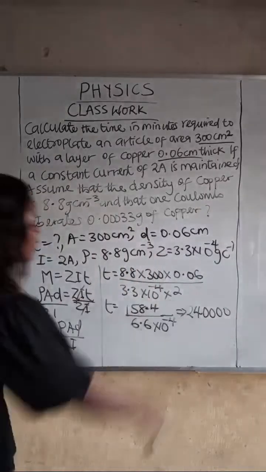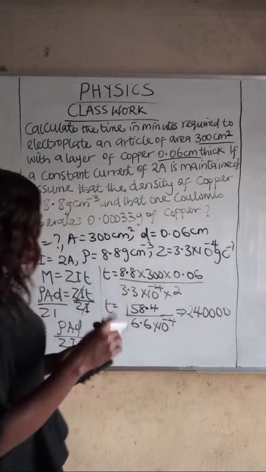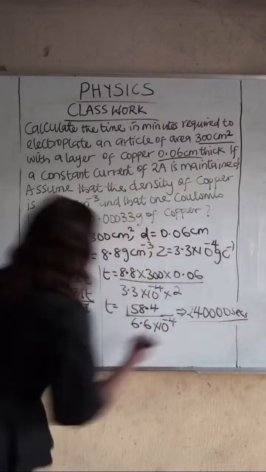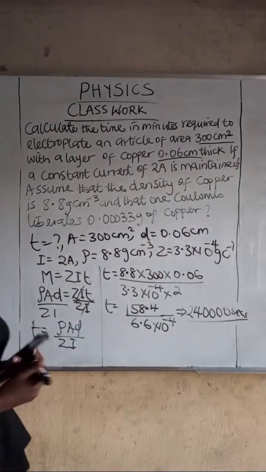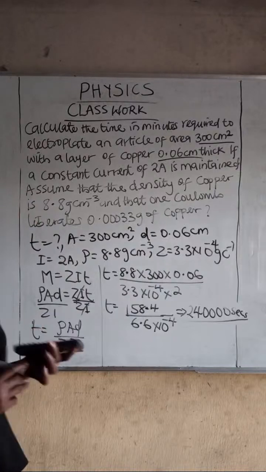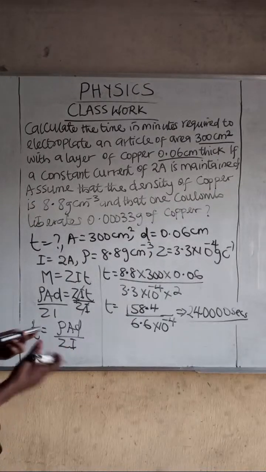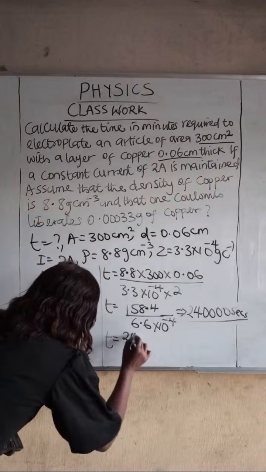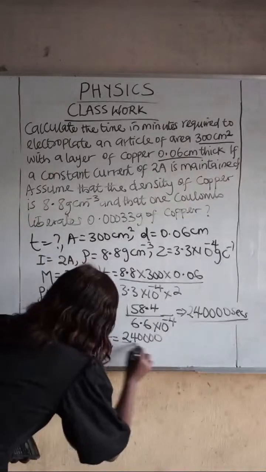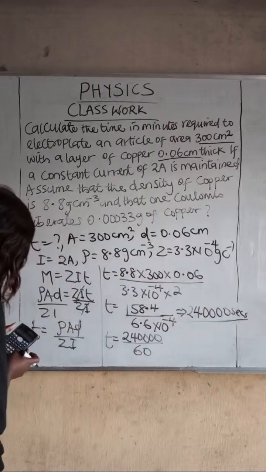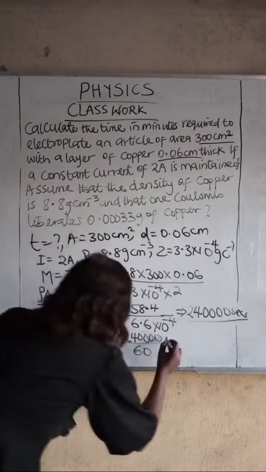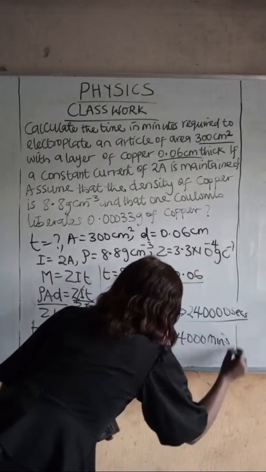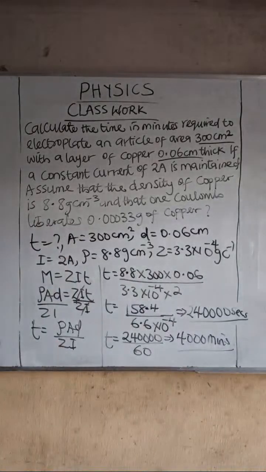That is 2.4 times 10 to the 5. This is seconds. But the question says we should calculate the time in minutes. So for us to convert it to minutes, I'm going to divide by 60. So my T is equal to 240,000 divided by 60, and my answer is equal to 4,000 minutes. Do you understand what I did?